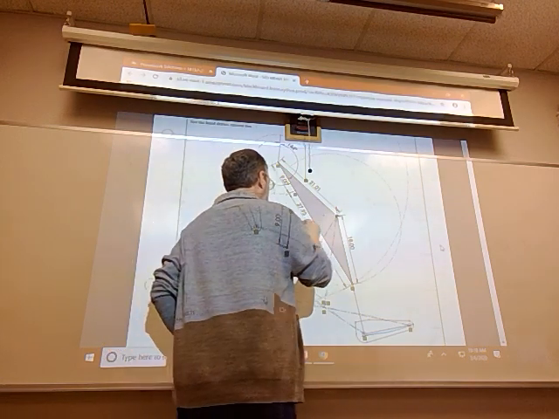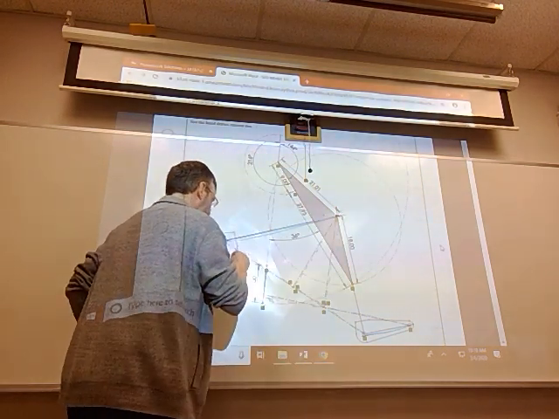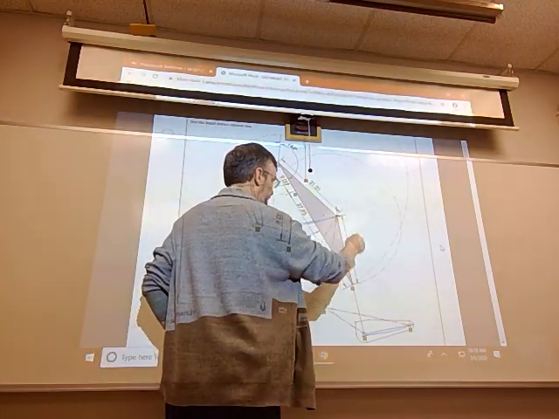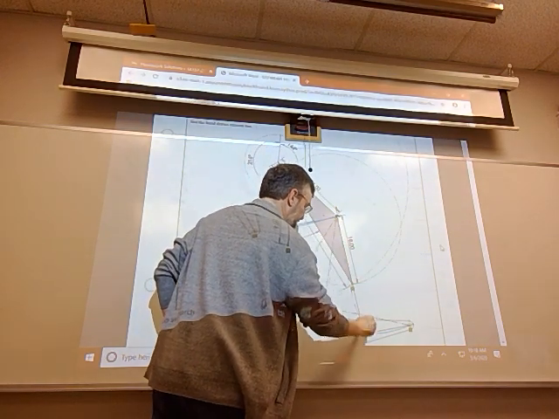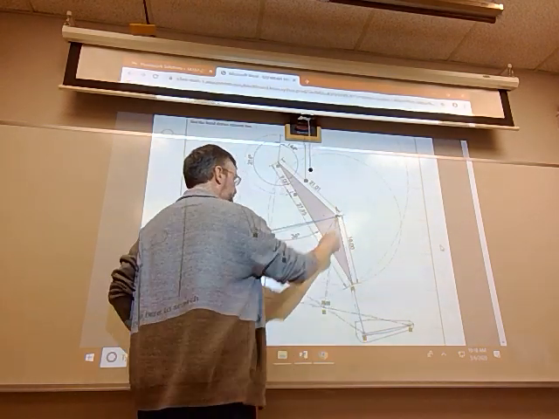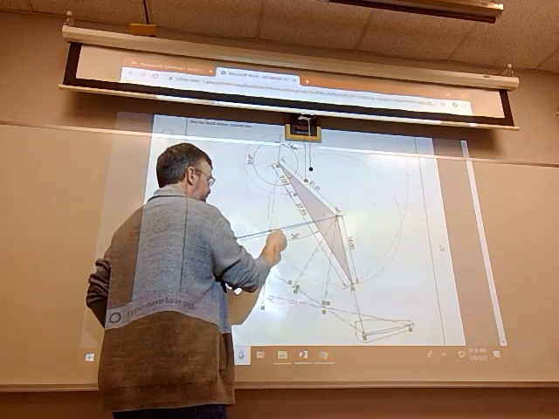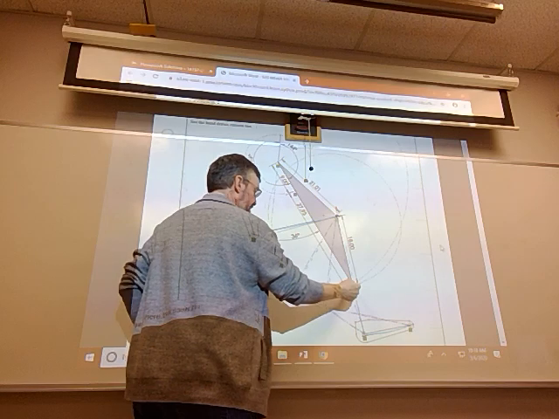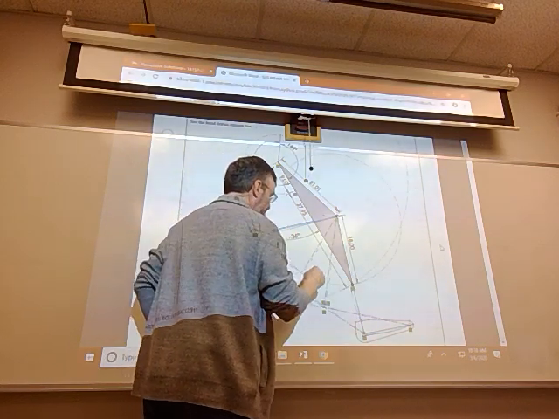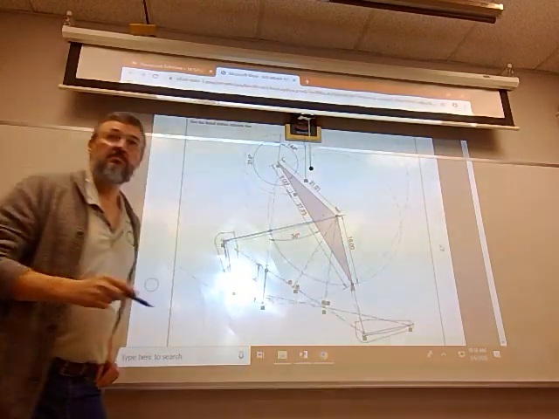We were able to identify that this right here was one of the legs, and here was the second position that it would be in. Now we want to have attachment points. This is going to be a single attachment point. Well, that attachment point will be right here based on an arc that we draw with a compass.